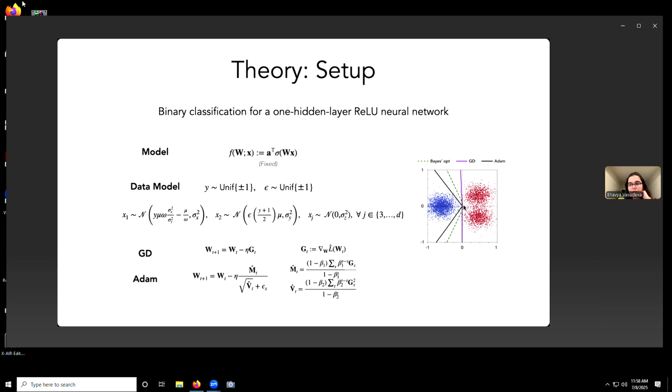Whereas for Adam, as long as we have even some signal in the second dimension, because sign GD would essentially amplify the updates in the second dimension as well, that enables Adam to learn a more nonlinear decision boundary.